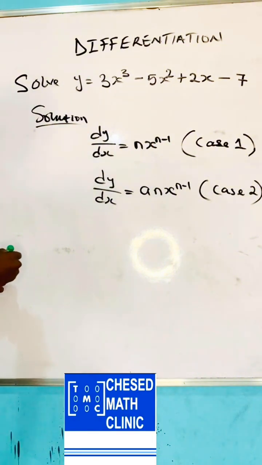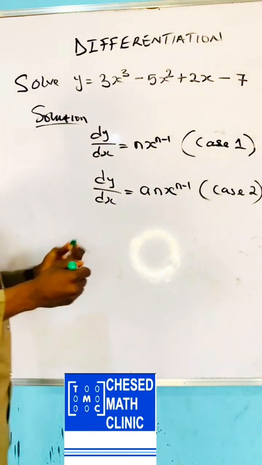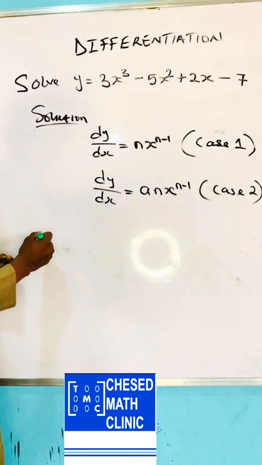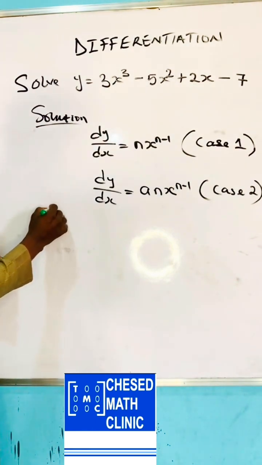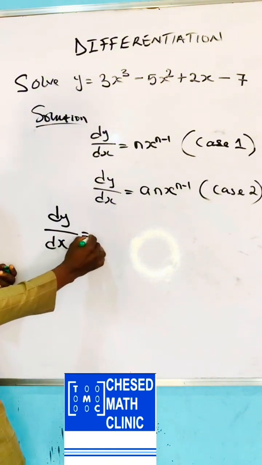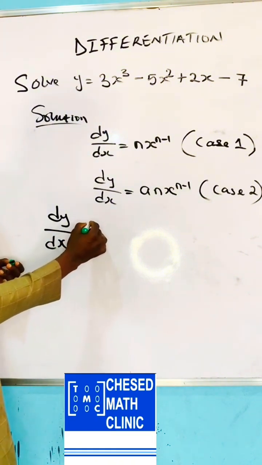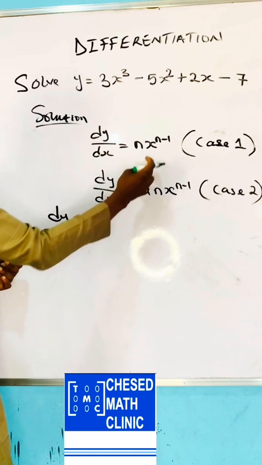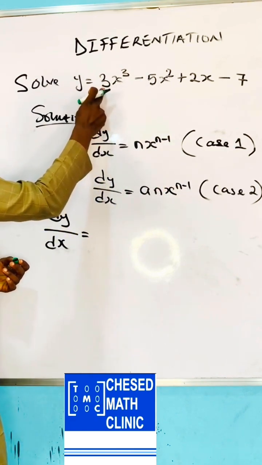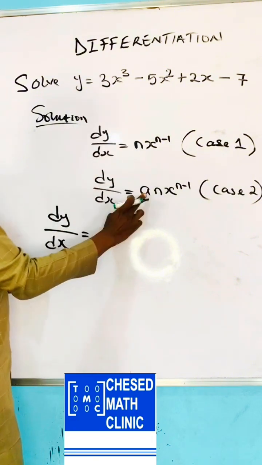Now we are asked to differentiate this twice. We want to differentiate this function twice, so we pick it one after the other. So we want to differentiate dy over dx, which is equal to, we want to differentiate this. By this law, we take 3 times 3. This 3 here can be referred to as the a.